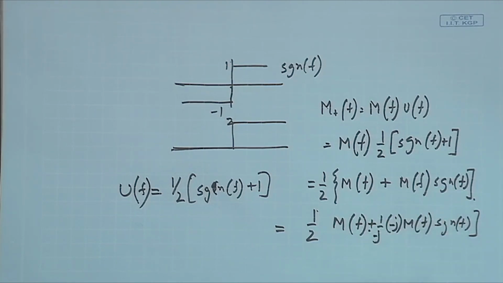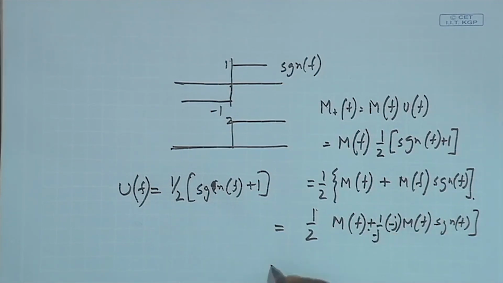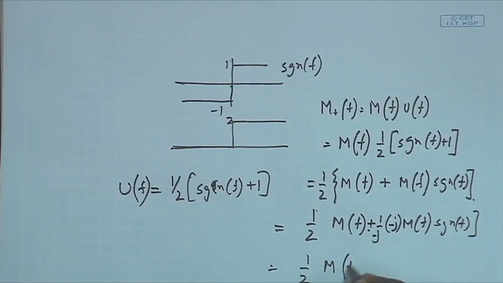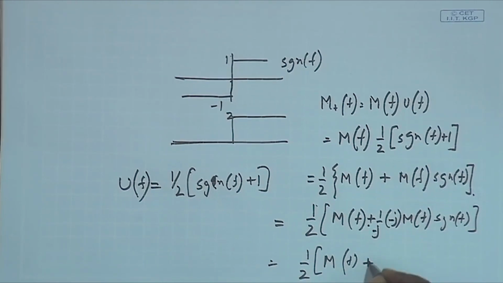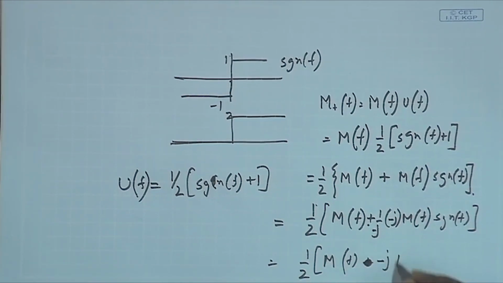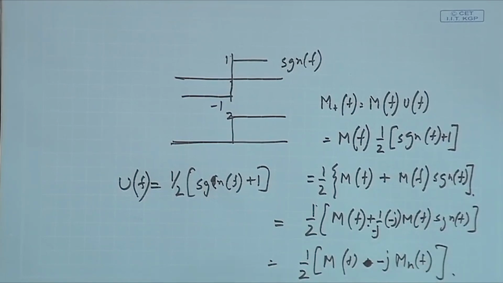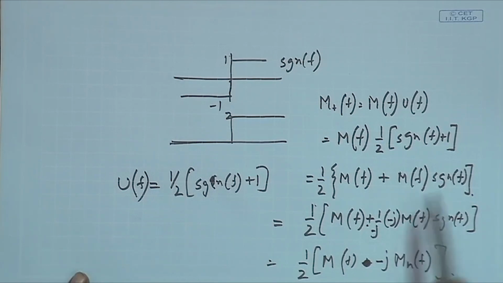So, you get just j over here, right. So, I can write half, this is MF plus or minus j MHF, isn't it? There is a sign problem. MF signum F, I need a minus j, oh that should be plus. Okay. So, this is what we get.